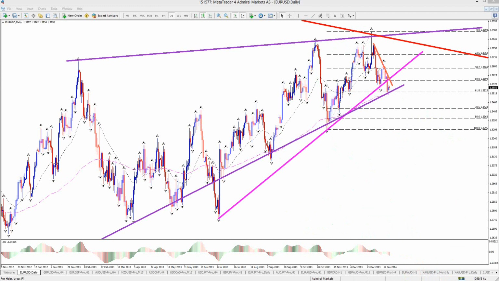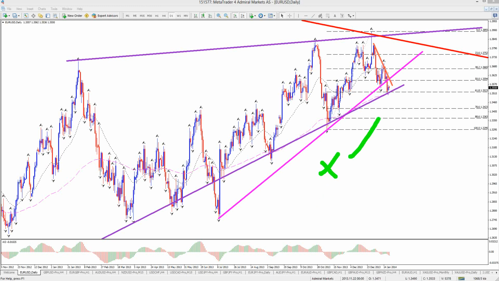You also have a normal crab. That's a 61.8 if I remember correctly. Yes, a normal crab is in fact a bit of variance in those fibs. So basically what it all boils down to is swing highs and swing lows.